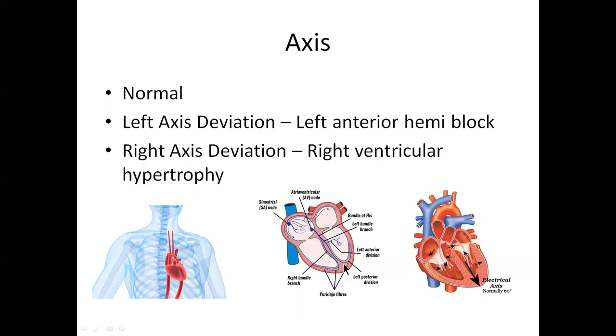And therefore, the axis deviates to the left side. Okay, so one of the commonest causes of left axis deviation is a left anterior hemiblock. Again, left anterior hemiblock. There are many other causes, but this is an easy one you can remember.